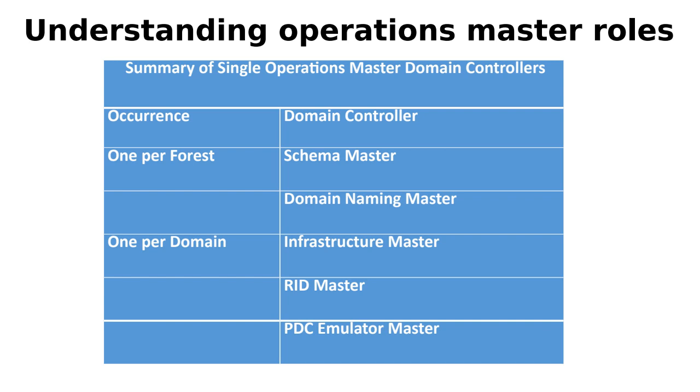So this is the summary of single operations master domain controllers. One per forest: schema master and domain naming master. One per domain: infrastructure master, RID master, and PDC emulator master.